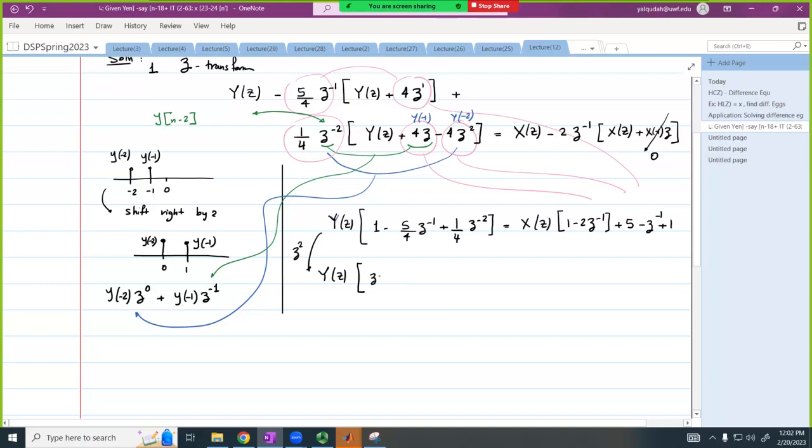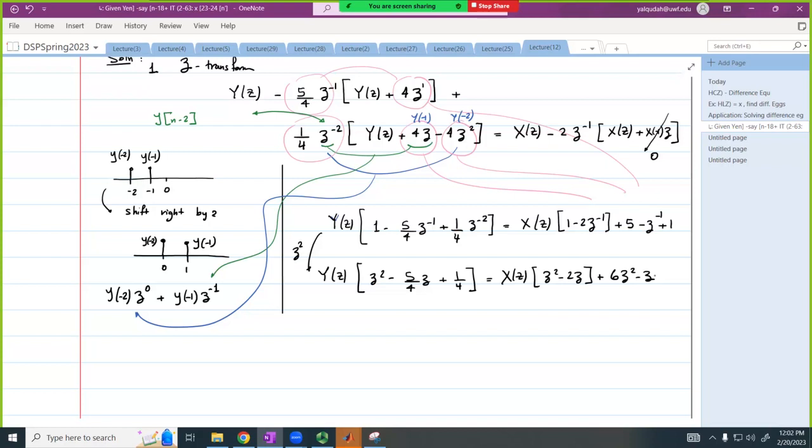So this becomes z squared minus 5 over 4z plus 1 over 4 equals x of z multiplied by z squared minus 2z plus 6z squared minus z. The 1 and 5, we add them together. 6.